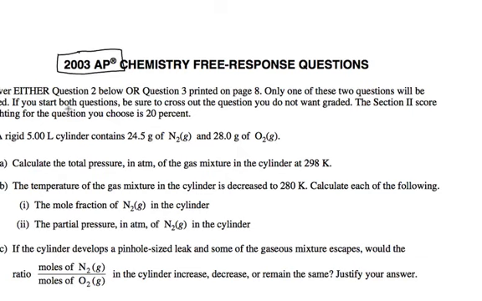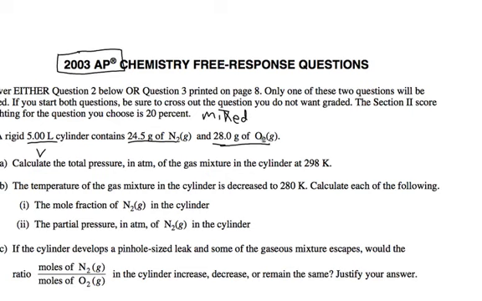So here we are, problem 2. A rigid 5-liter cylinder, that's volume, contains 2.5 grams of N2 and 28.0 grams of O2. So before we even start, there are a couple of things we want to realize. First of all, the container contains N2 and O2, so this is a mixed gas problem.